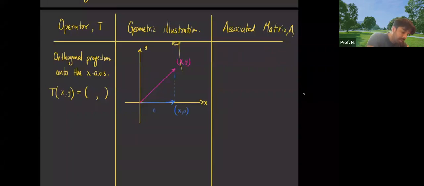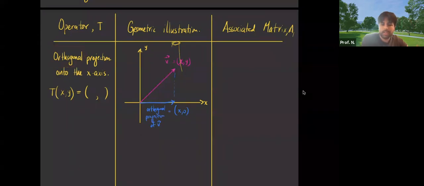If I call this v, then this would be the orthogonal projection of v. Does everybody see that?